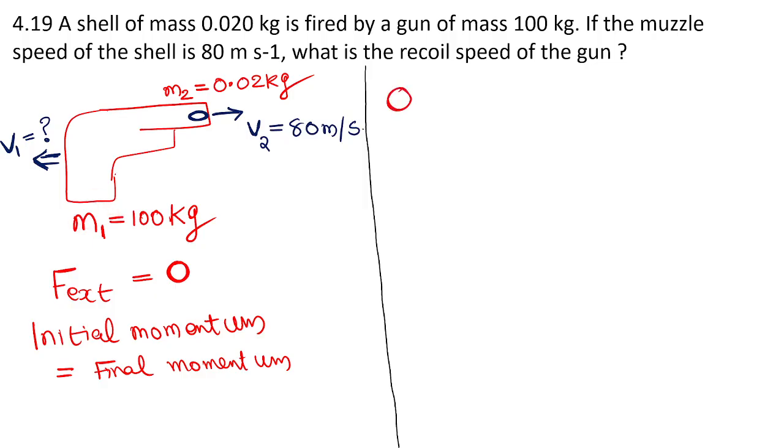Is the gun moving initially? No, so the momentum of the gun is 0. Was the bullet moving before firing? No. So the momentum of the bullet was also 0 initially. Is it correct? Please respond. All of you clear?